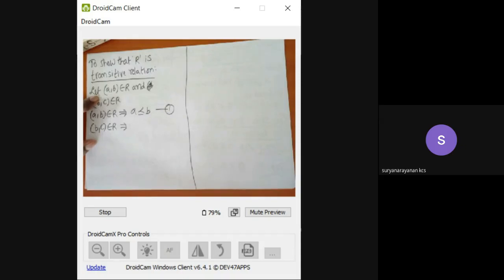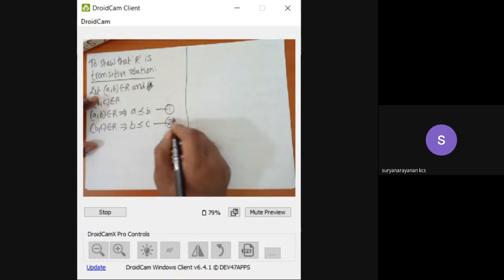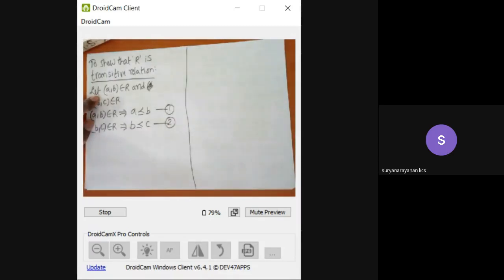Tell me the relation between B and C. Very good. B is less than or equal to C.